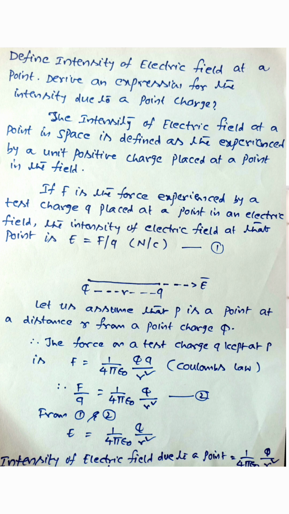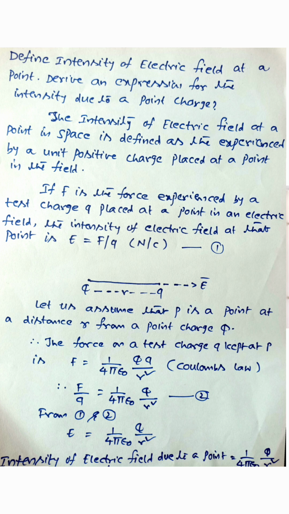Suppose F is the force experienced by a test charge q which is placed at a point in an electric field. The intensity of electric field at that point, E, is equal to force by charge.